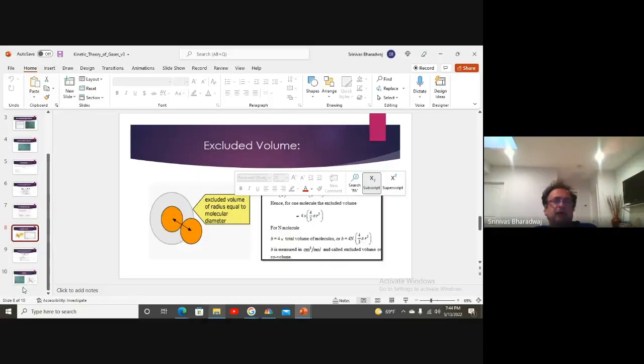For each molecule there is an excluded volume of radius equal to the molecular diameter. That is how you end up with this B, measured in cm cube per mole and called excluded volume or co-volume.